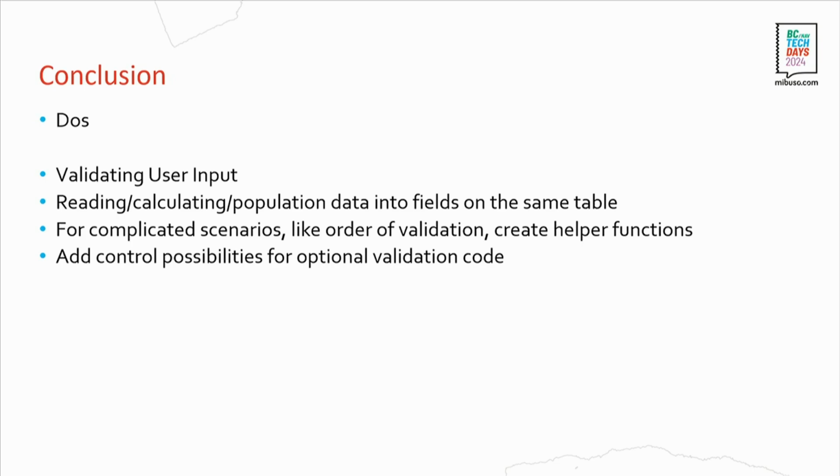Just add control possibilities for others to turn off the optional code, because only that way they can actually still call the validate trigger, but disable your code individually. Otherwise, there is no option left, and they're just not calling the validation code, which then also might skip a number of other places and other code as well, alongside with this.